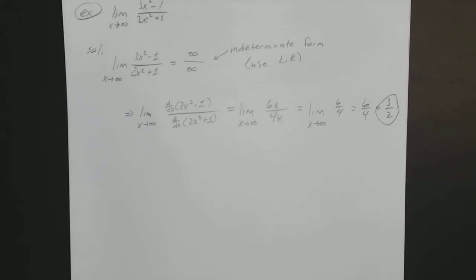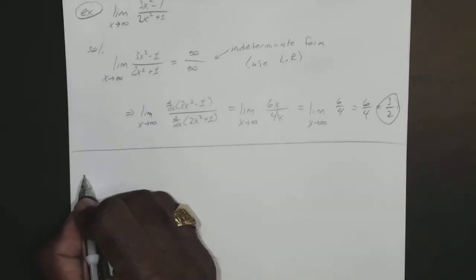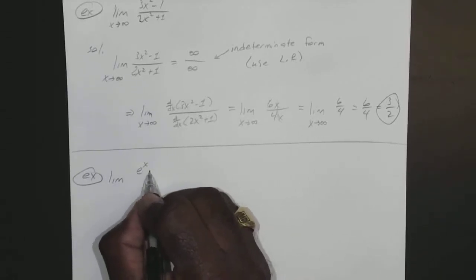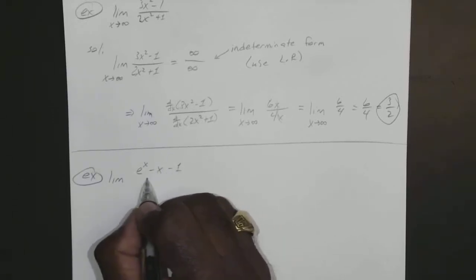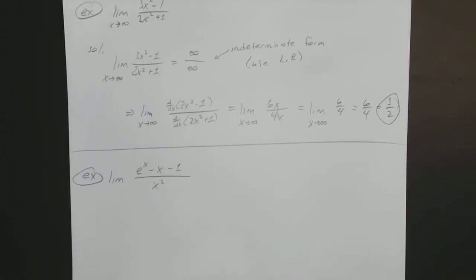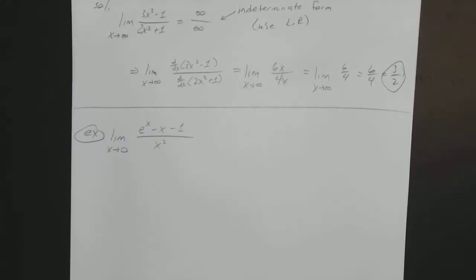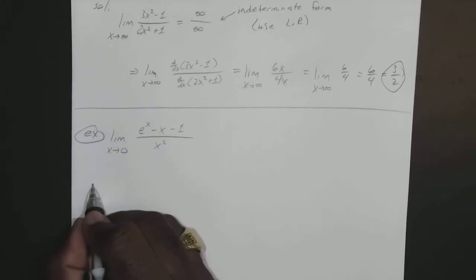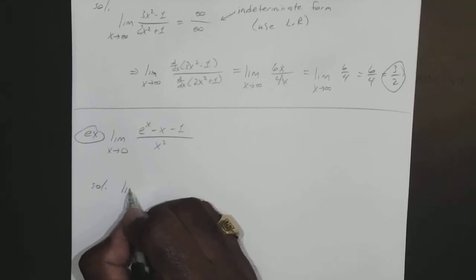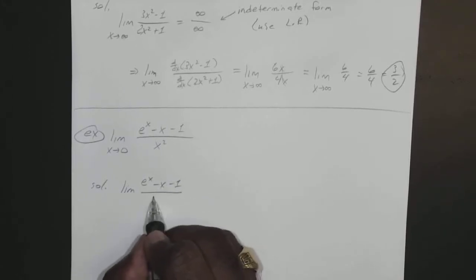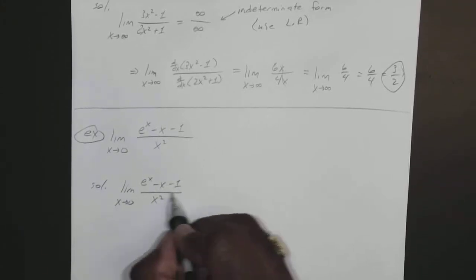All right. So let's say we have the example: the limit of e to the x minus 1 over x squared as x approaches 0.